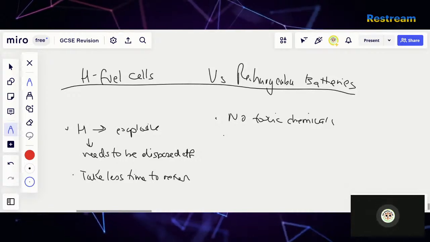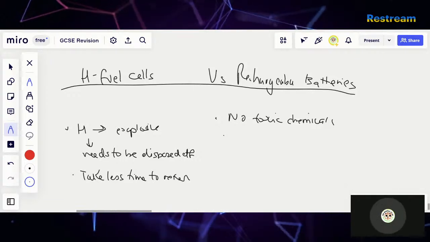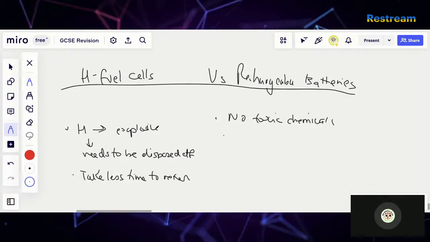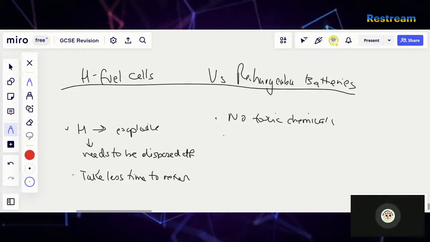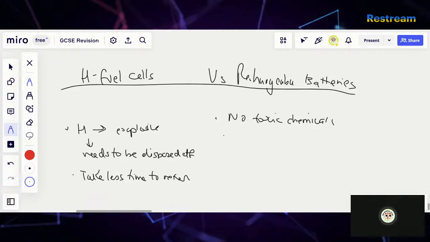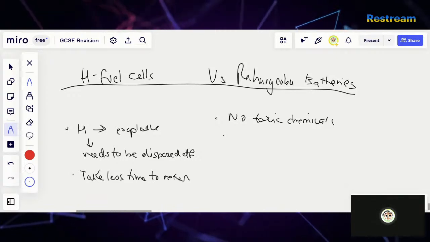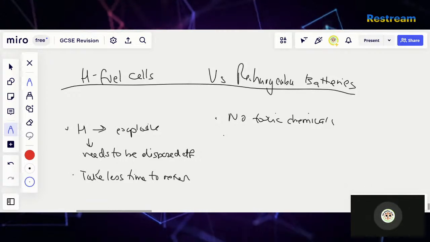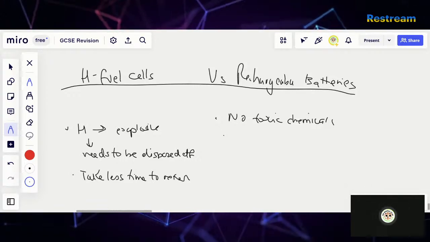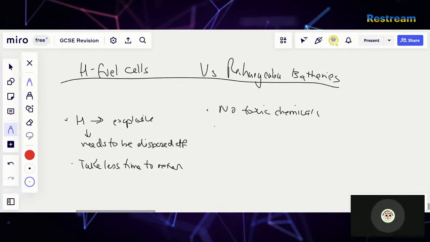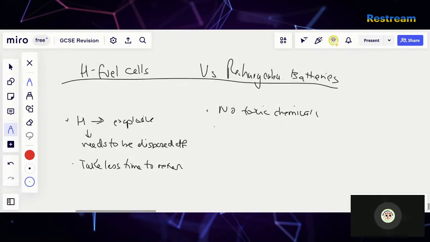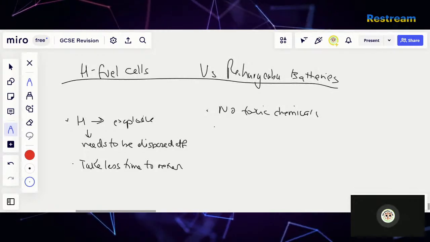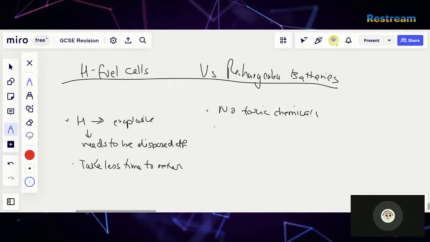So this could be a 6 marker now, where you have to evaluate the use of hydrogen fuel cells in comparison with rechargeable lithium ion charge batteries. So we're comparing hydrogen with rechargeable. Now, in order for us to have a balanced argument, we have to have reasons for both sides. So, for reasons why fuel cells are better, you can say the time for refueling is much shorter, as it does not need to be recharged.